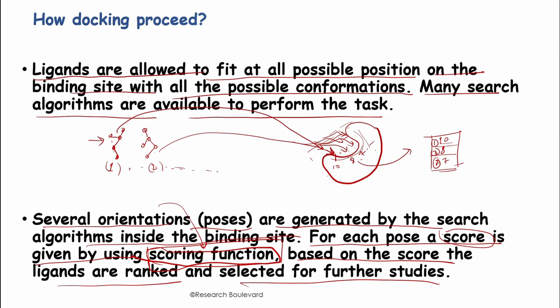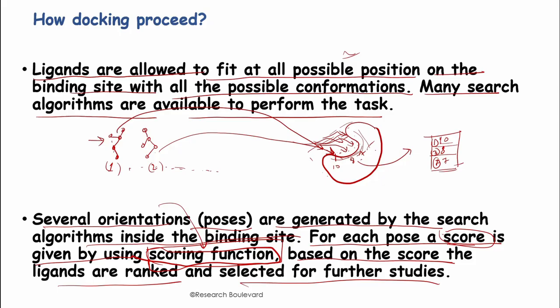So what are the search algorithms that are available? We have the systematic search, generally used for rigid body docking, and they search the conformations sequentially, which takes a long time and is less practical for more flexible ligands.